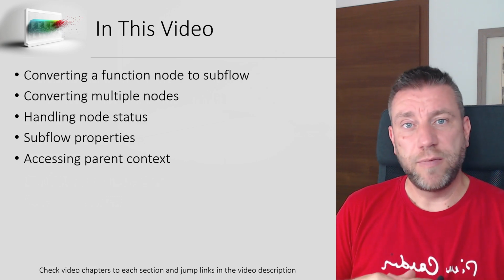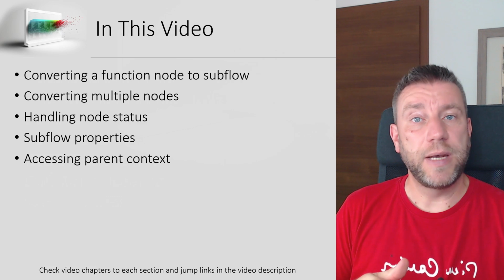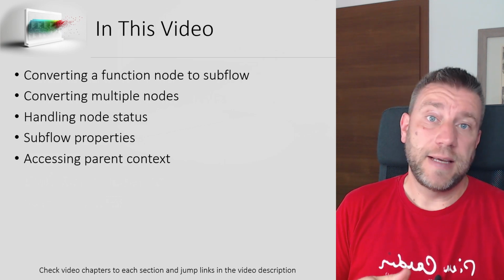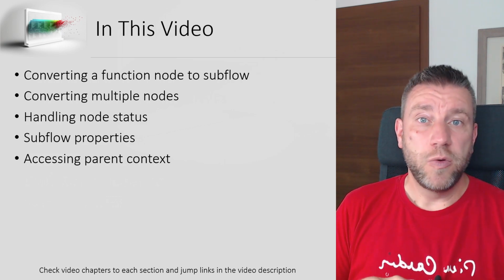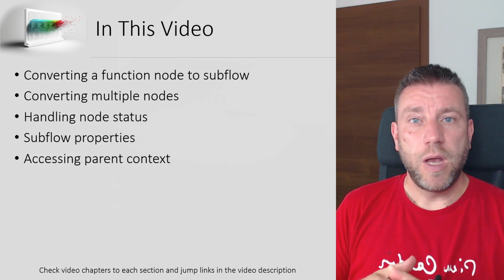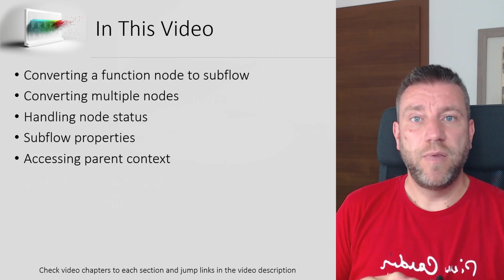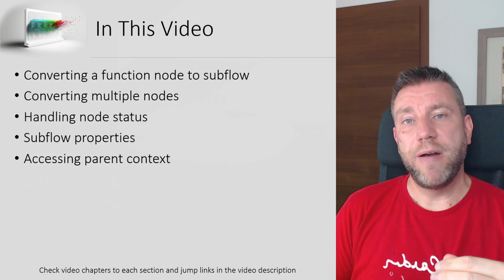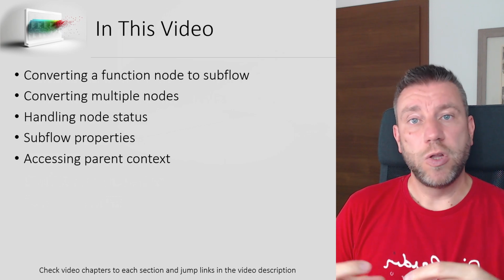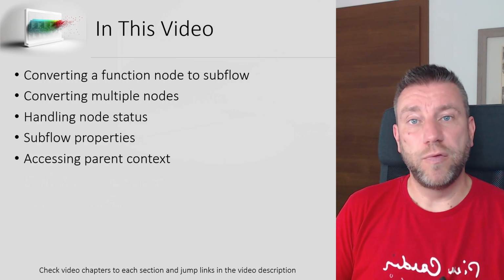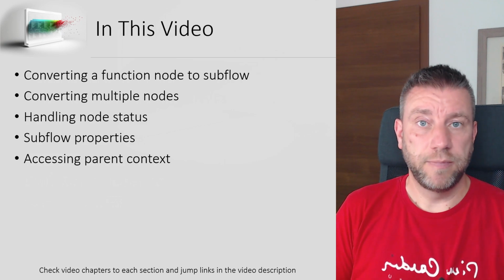If you want that subflow to be configurable, you can quite easily do that. And as I said, we also need to use the context in many cases, so we are going to see how the subflow can refer to the parent context, for example the flow context of the flow wherever it is running.